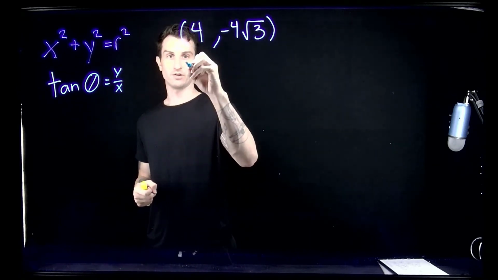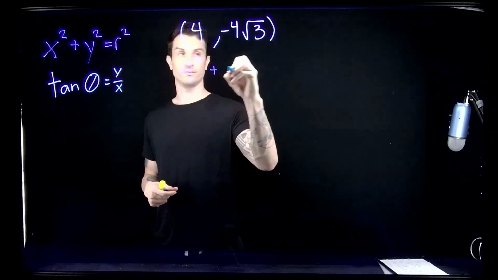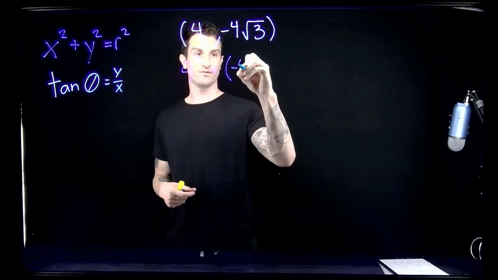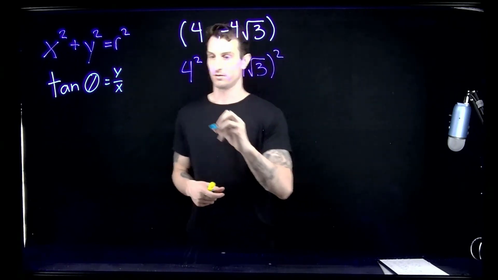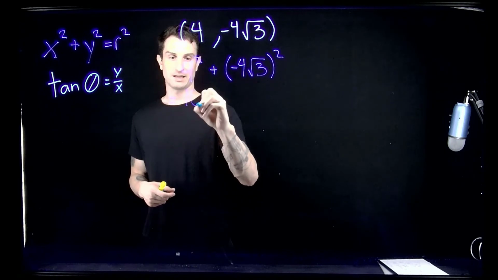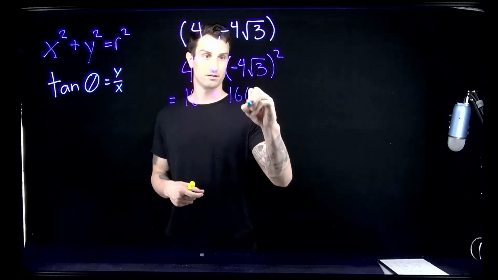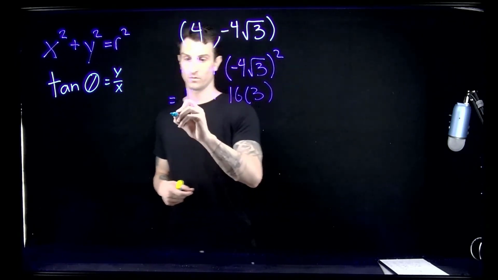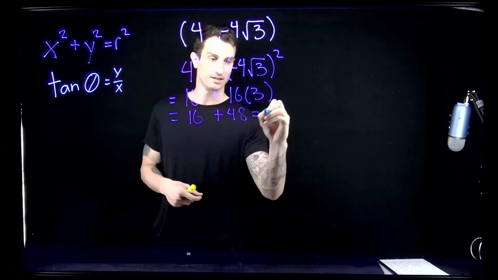And of course, if you can do this, you can skip this step, but I'm just showing all of them. And (-4√3) squared. What do we have? 16 plus, this is 16 times 3. What do we get? 16 plus 48 is 64.